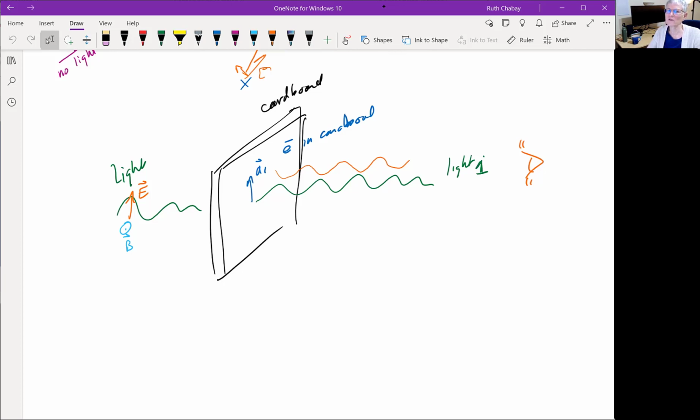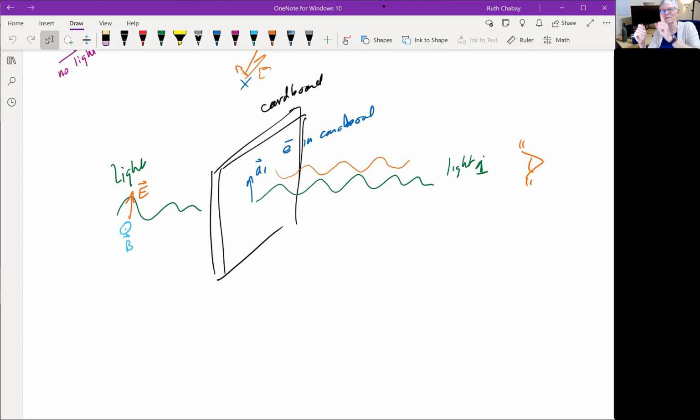So suppose you hold up a piece of black cardboard in front of the light, and no light gets through, so you get a shadow in the back. That's what this model says is happening: all the electrons in this material are accelerated in such a way that when you add up all the waves re-radiated from all these 10 to the 23rd electrons, they end up exactly opposed, we'd say out of phase.